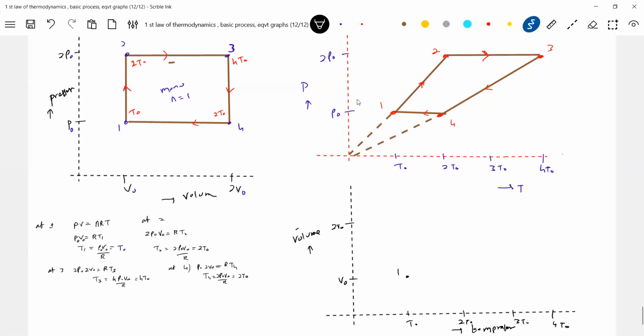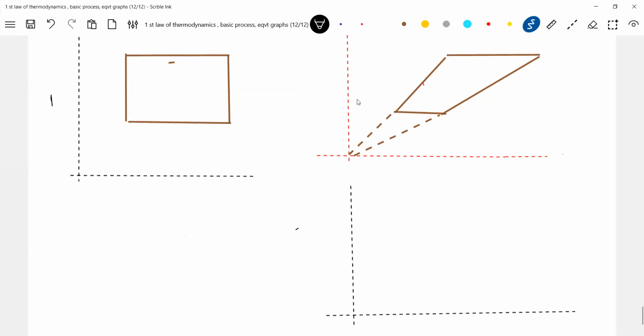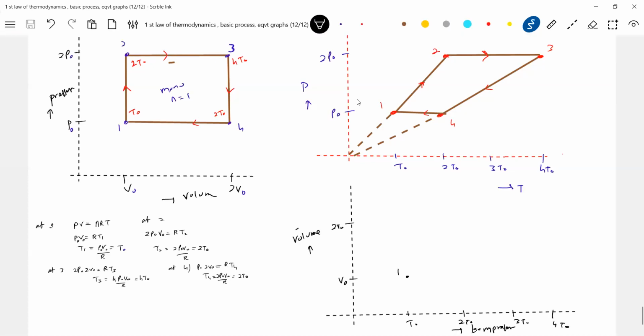Then point 2: volume V0 and 2T0. Okay, 2 will be here. After this, point 3, 4T0 and 2V0. Okay, this is point 3. Point 4, 2V0, 2T0. This is point 4.